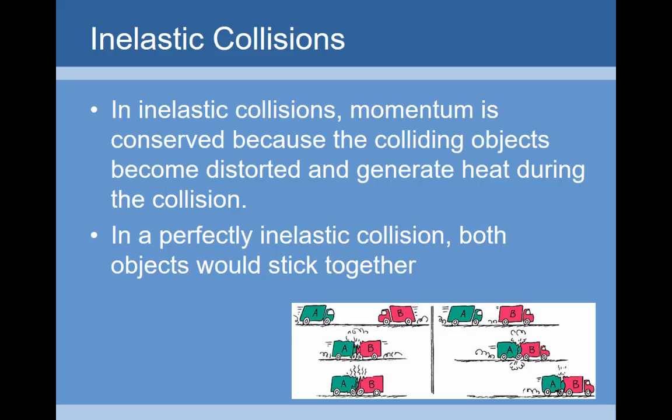Those are a good example of inelastic collisions. Okay, in a perfectly inelastic collision, both objects would end up sticking together. But in most cases, in real world situations, you don't have truly elastic or truly inelastic. And we'll go ahead and start taking a look at how these work in another example.